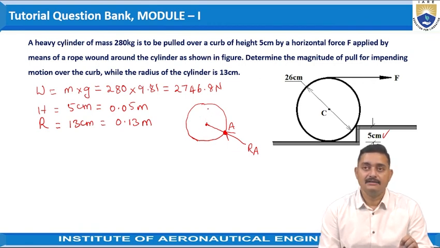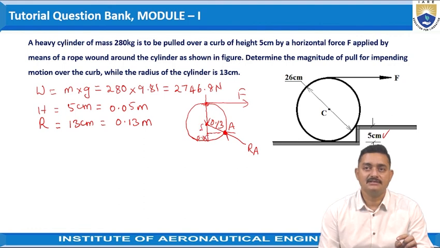Then the weight acting here is 2746.8 newtons. Then a force F is acting from this point. Also, the radius is 0.13 meters, and the horizontal height is given as 0.05 meters.